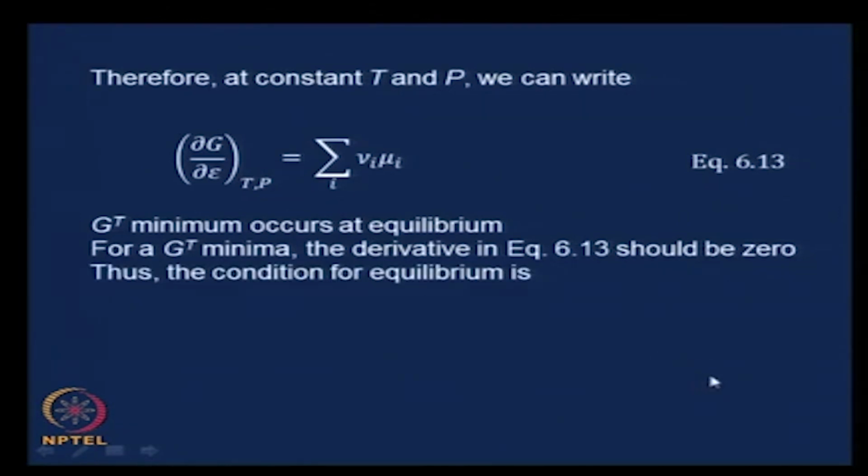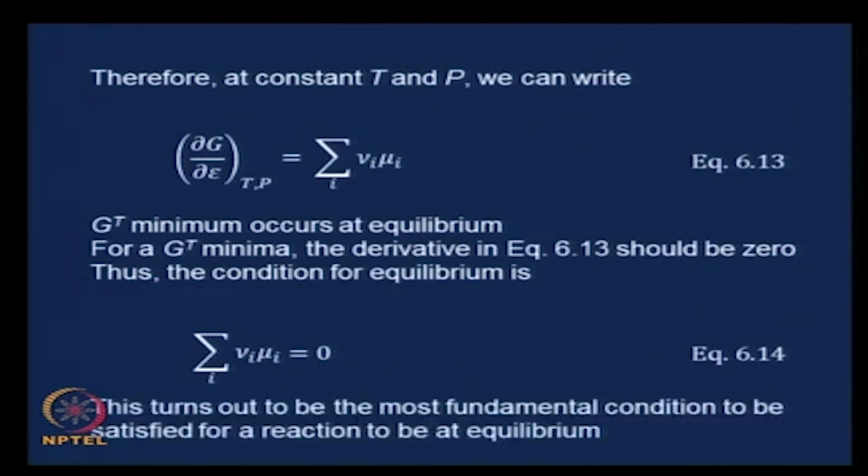Therefore, the condition for equilibrium is that the sum over i of nu_i mu_i equals 0, equation 6.14, and this happens to be the most fundamental equation to represent chemical equilibrium, or equilibrium of a system in which chemical reactions take place. So, please remember this. I think we are almost out of time.